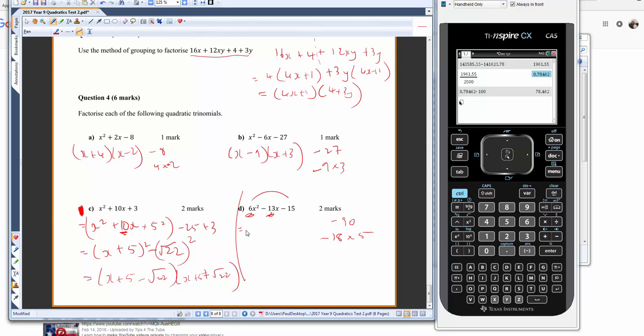So we're going to write that equals 6x squared, take 18x plus 5x, take 15. And we're going to group that 2 and 2, which is 6x, x take 3, plus 5, x take 3, x take 3, 6, x plus 5. Alright, so there's the solutions.